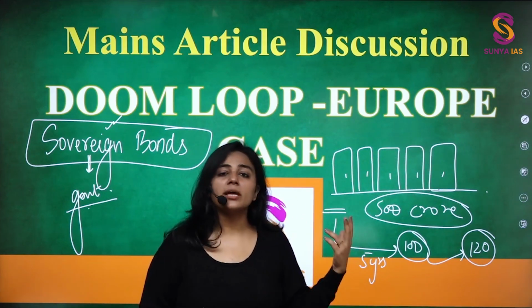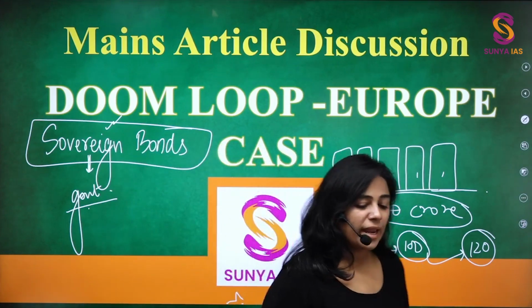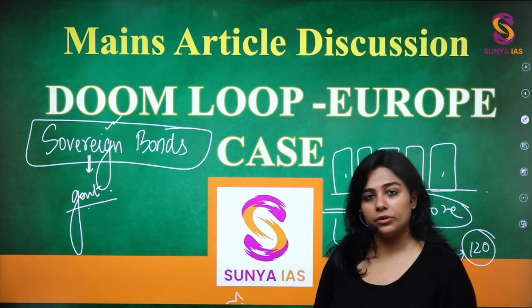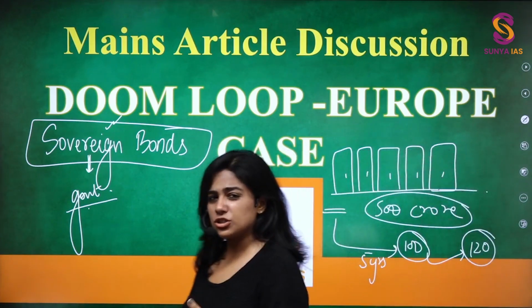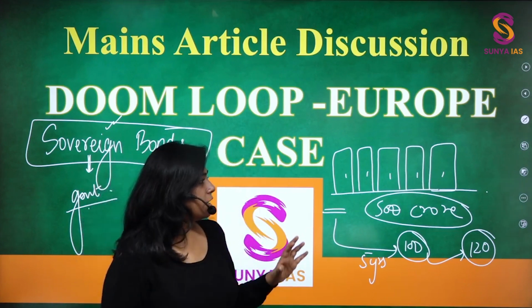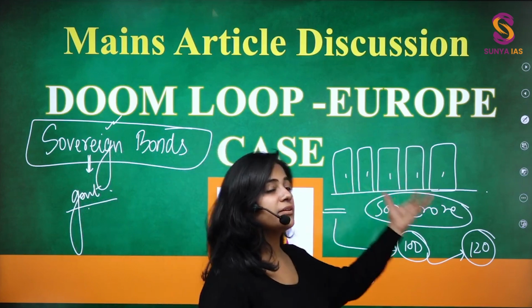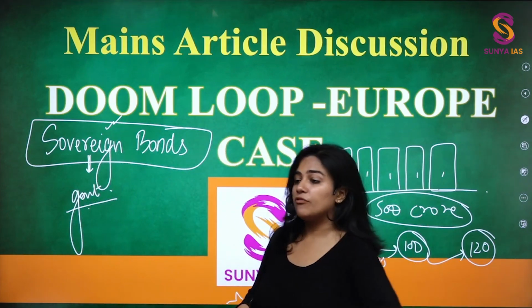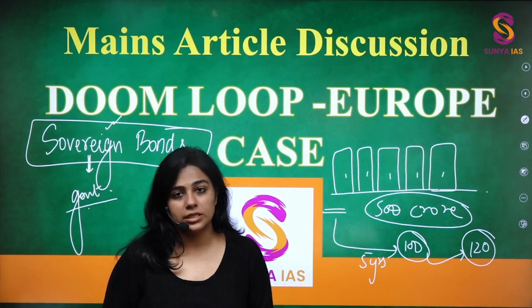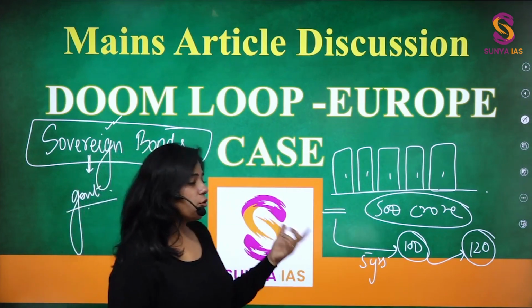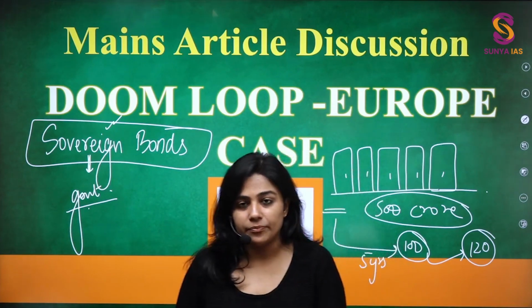This is sovereign bonds. Now just think, when will you buy this sovereign bond? As a consumer, if they are offering okayish sort of returns, you will only buy these bonds because the alternative could be Bitcoin, which offers momentous returns somehow, but there is a lot of risk. You would only go for lesser returns if you have more security, right?